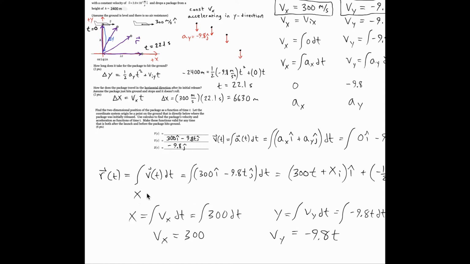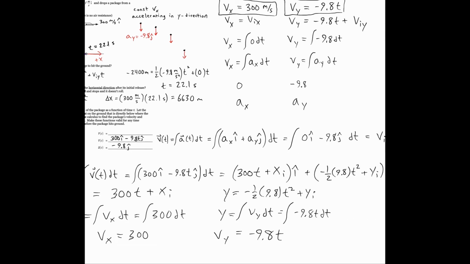Alright, so what do you get in the end? You get x is 300t plus xi, some initial position. And then here you get y equals 1/2 9.8 t squared plus yi. So two totally separate ways of doing it, but they say the same thing.